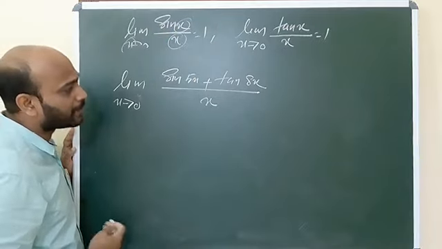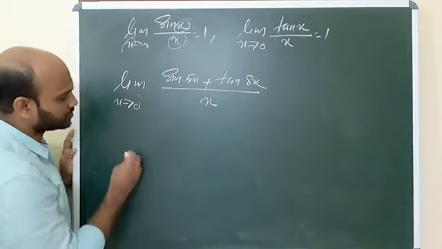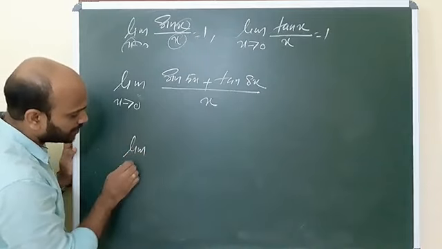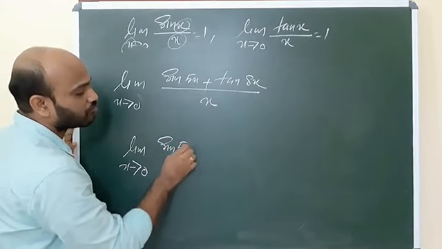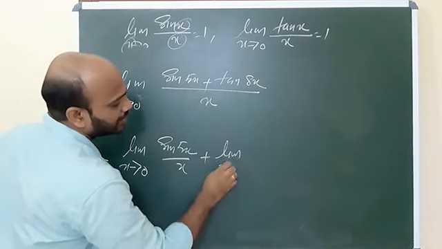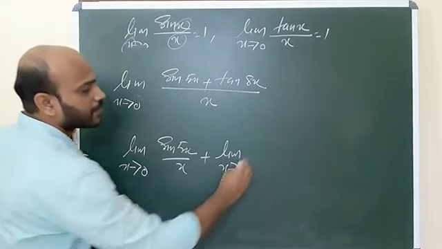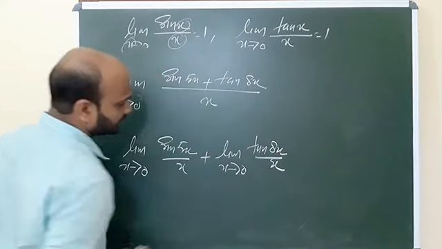How can we apply the formula here? We can split this into a sum of two functions. Limit x tends 0, sin 5x by x plus limit x tends 0, tan 8x by x.